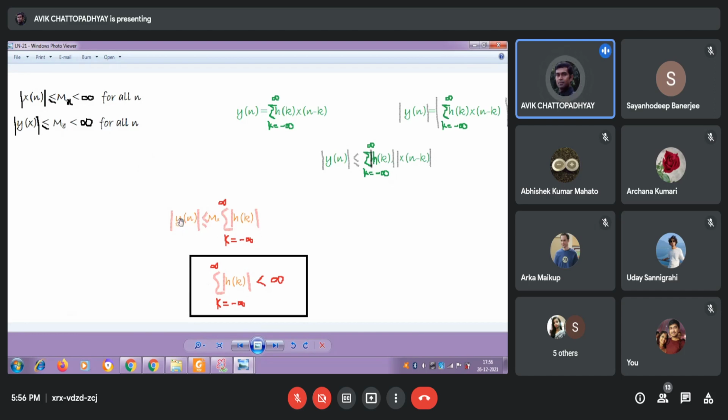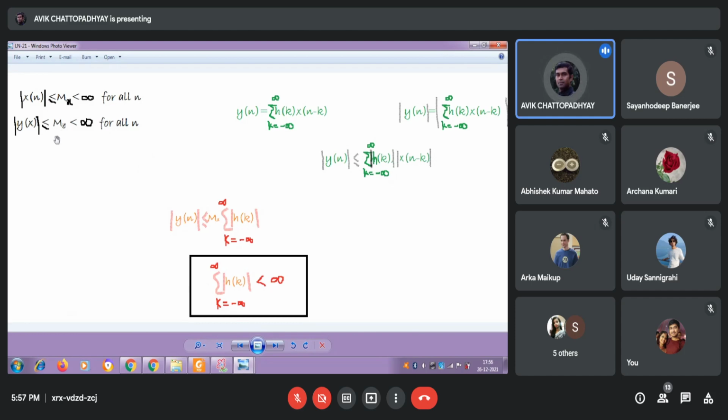This will be bounded only when this whole thing, where I am moving my cursor, is bounded. That means this condition holds: the summation over k from minus infinity to plus infinity of mod of h[k] is less than infinity. When this is true, then your output must be bounded and the system will be BIBO stable.